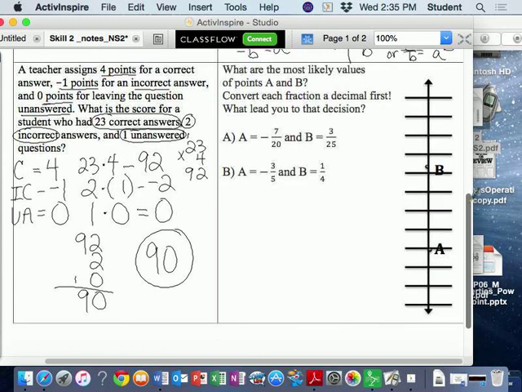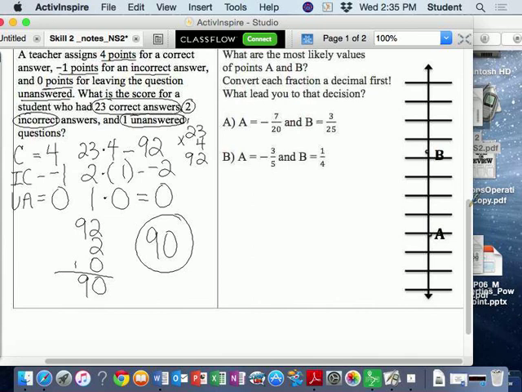Now, for our last question, what are the most likely values of points A and B? Notice over on our number line we have an A and B. Convert each fraction to a decimal first. So for part A, point A equals negative 7 over 20, and point B is equal to 3 over 25.